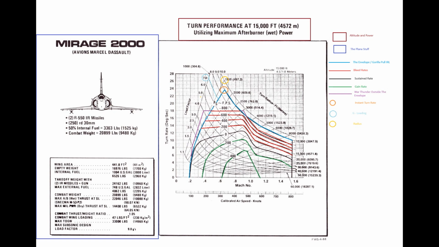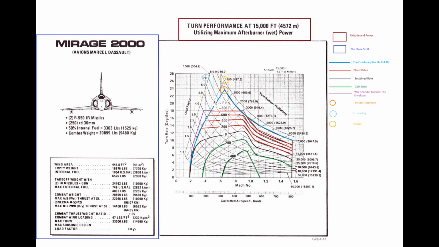So for instance, the Su-27, you would characterize it as a plane that has a reasonable sustained turn, a pretty decent instantaneous turn, like its peak would be very high, but it also has very high bleed rates and arguably probably very low gain rates as well. On the other hand, if you're going to make the comparison to the F-15, everything would remain more or less the same, or at least the way that's mapped in War Thunder.